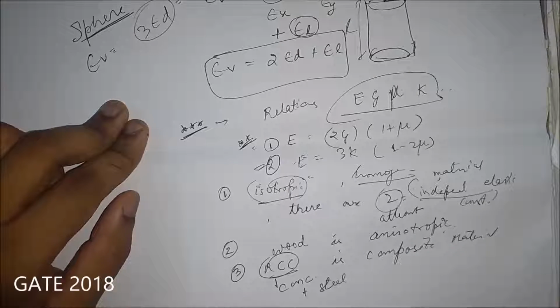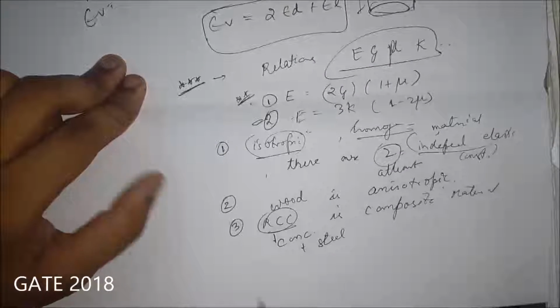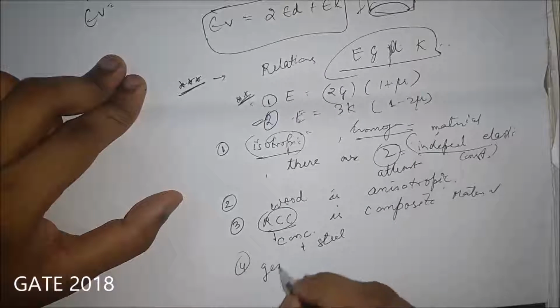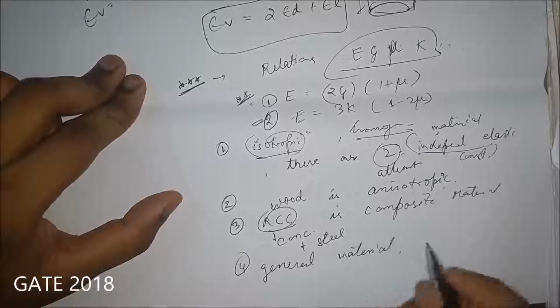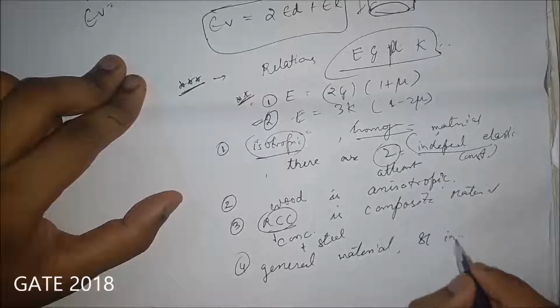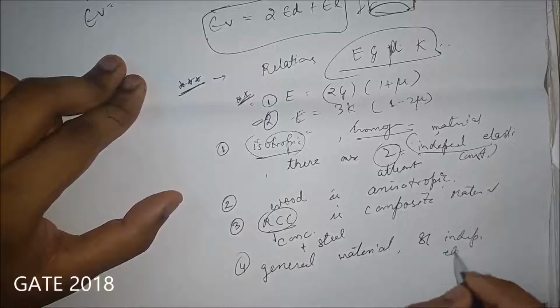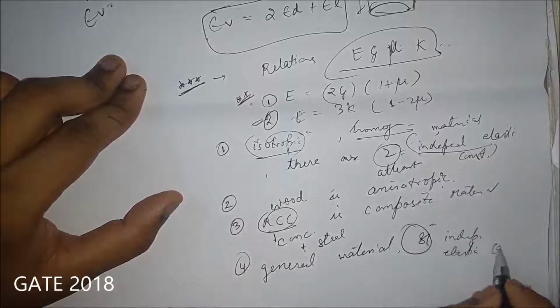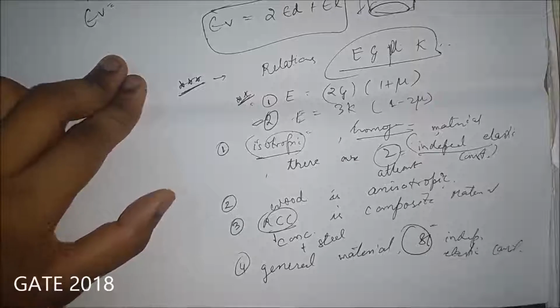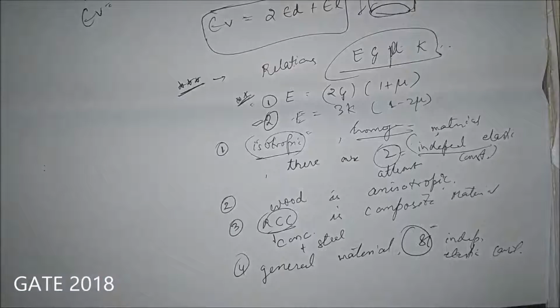Yeah, for a general material, we have 81 independent elastic constants. Remember this number. Okay, so these are the things.